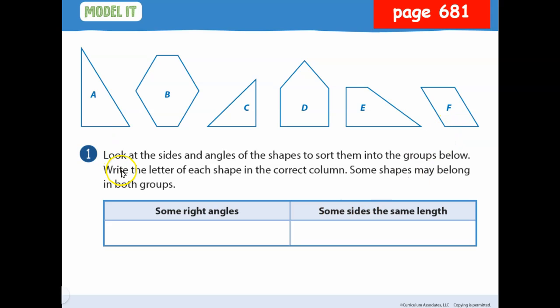So it says all these shapes can be classified by some right angles or some sides that are the same length. So let's look at the size and angles of the shapes to sort them in the groups below. Write a letter for each shape in the correct column. So let's do that. Do the first one. Look at letter A. Does it have some right angles?